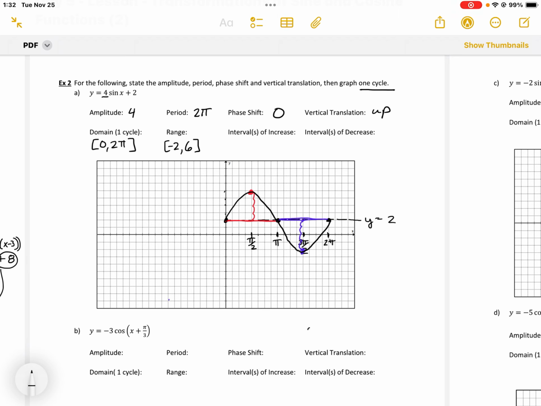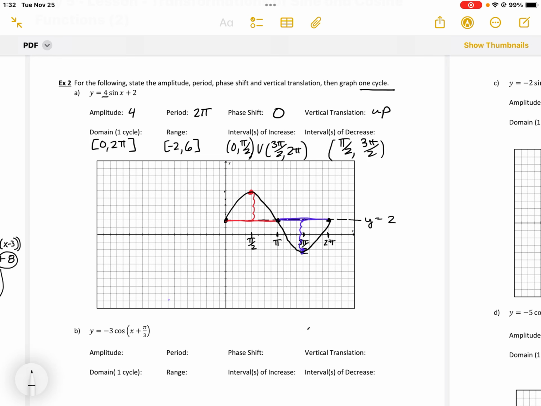My increasing intervals are happening at the beginning of sine, so from 0 to pi over 2, as well as from 3 pi over 2 to 2 pi at the end. And then my intervals of decrease are happening in the middle, from pi over 2 to 3 pi over 2.